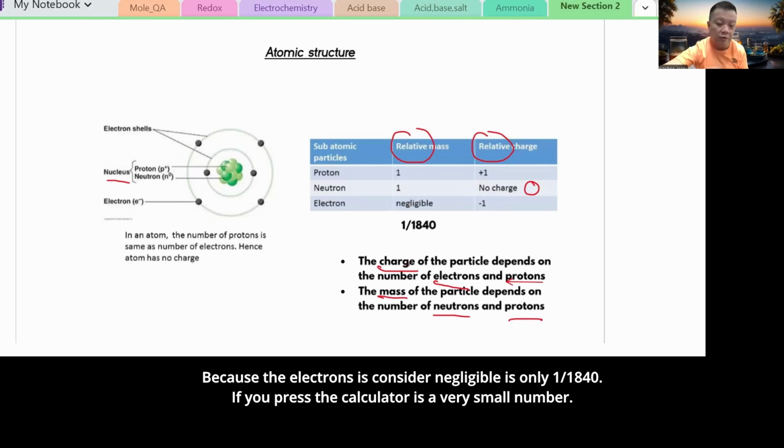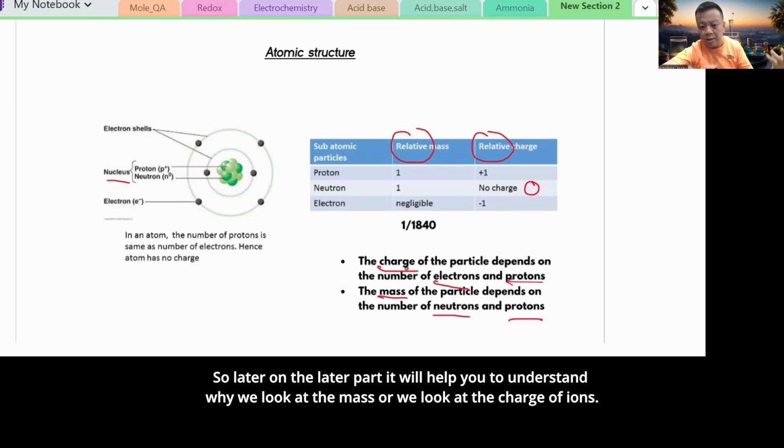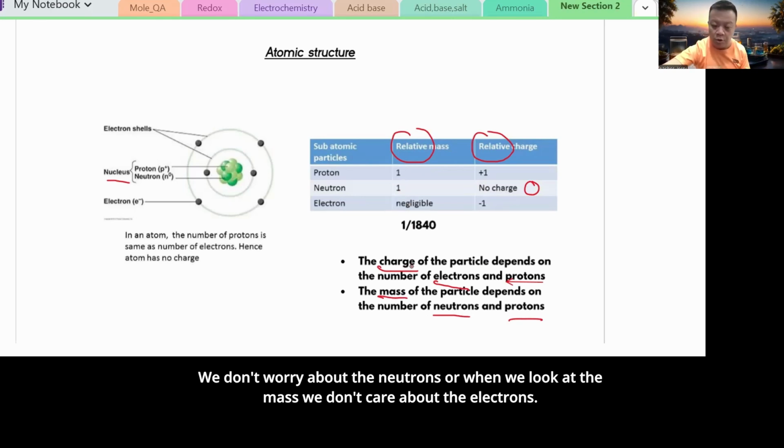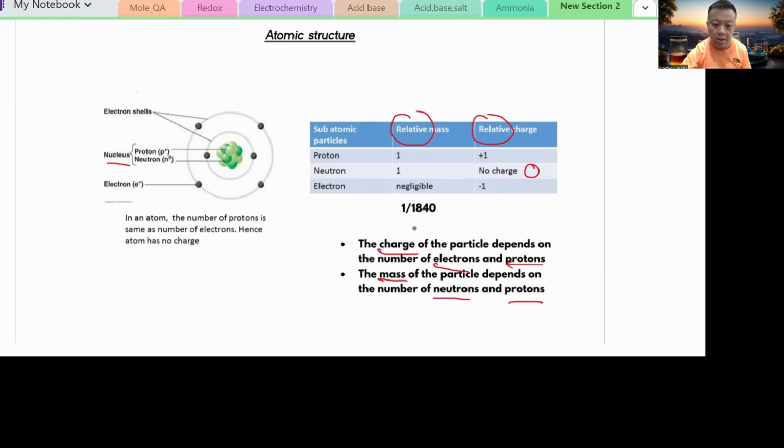It's only 1 over 1840. If you press a calculator, it's a very, very small value. That is why, later on, you will understand why when we look at the charge of ions, we don't worry about neutrons, or when we look at mass, we don't care about the electrons. The ion and atom have the same mass because electrons are almost weightless. It doesn't add on to the mass.